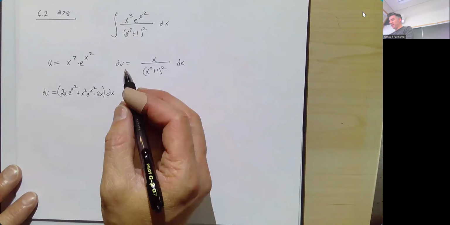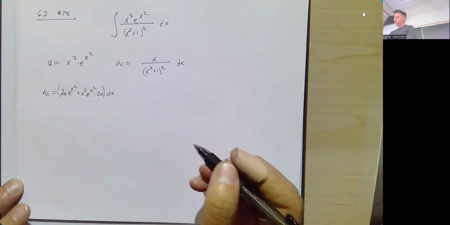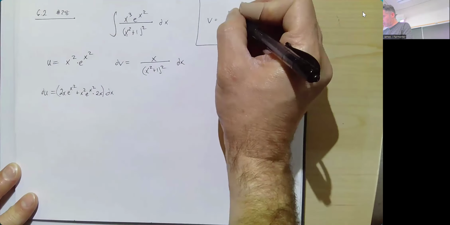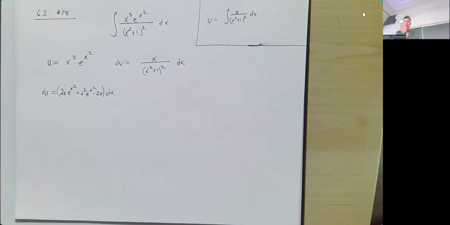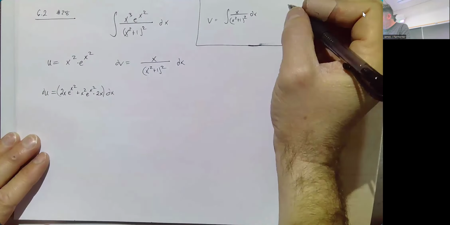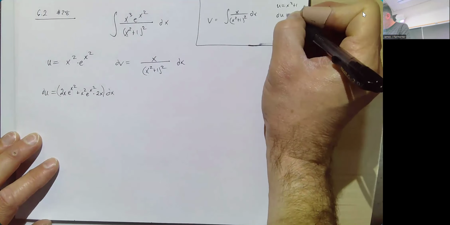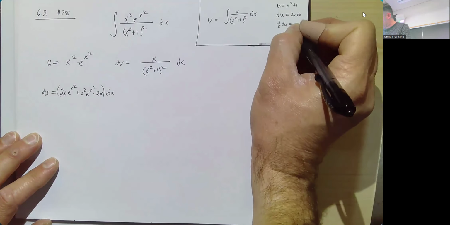And then for my dv, I actually have to do the antiderivative, which is not a straightforward antiderivative. So let's see here. My v is going to be the integral of x over x squared plus 1 squared dx. I think I have to do a u sub here for this dv part. I would let u equal x squared plus 1. My du would be 2x dx. My 1/2 du is x dx.